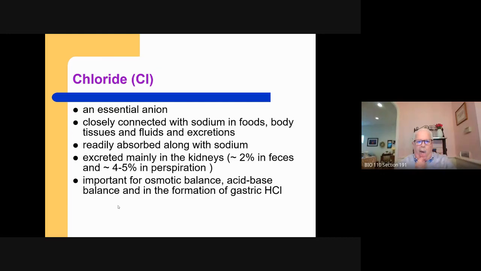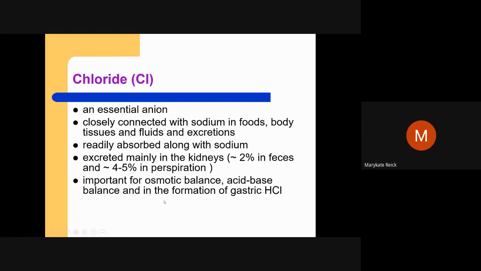Chloride, an essential anion. Why do you think chloride is so important? What if I told you it is very important in the stomach? Why is chloride important in the stomach? Is it for like a pH balance?